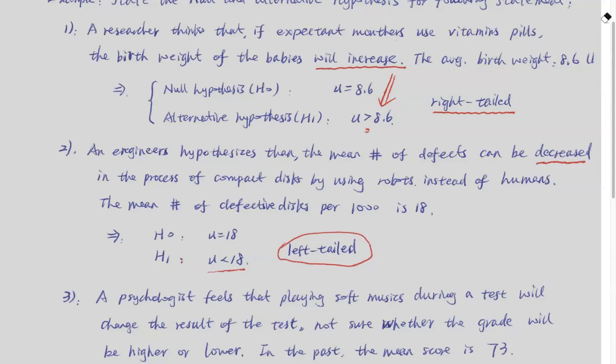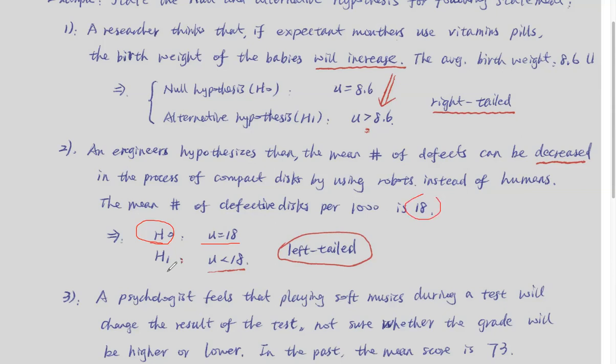When we write down H0 and H1, remember H0 is the null hypothesis, always equal. Most of the time we are using the letter mu for that. Mu equals 18. Unless later on there's one section where we are using a different letter, we are always using mu. So that's easy, equal to some number given.